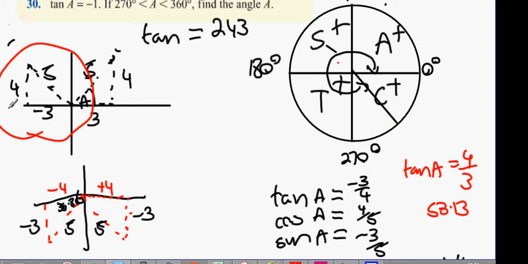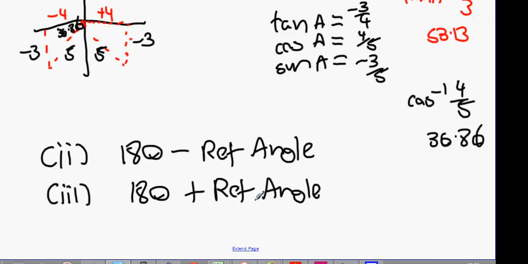What's going to happen next, guys, is this. What we're going to do next is we once again have to figure out this angle here. When you're figuring out a reference angle, you have to obey first quadrant rules, which means you take these ones as positive. Somebody tan inverse 3 over 4 for me to get the reference angle.